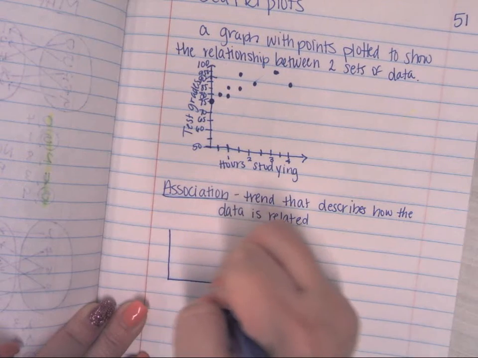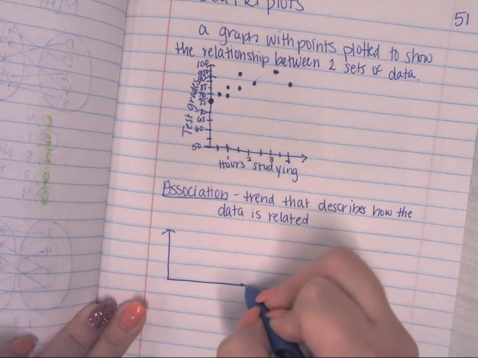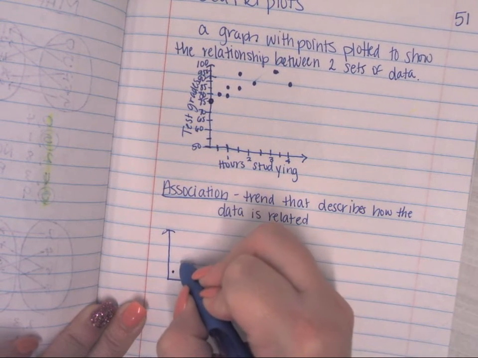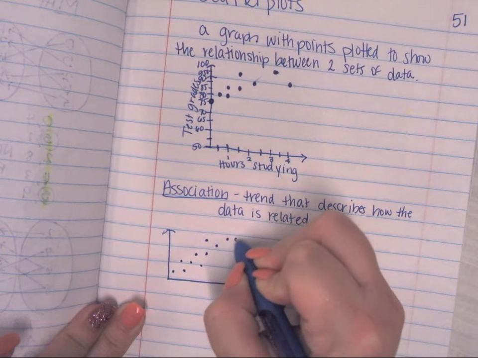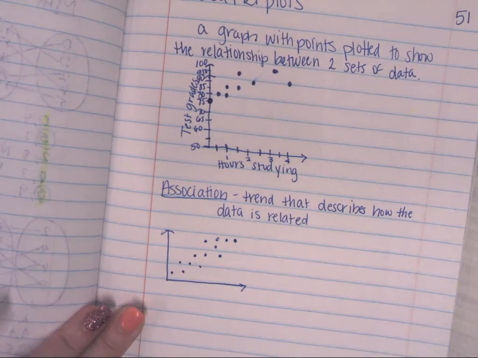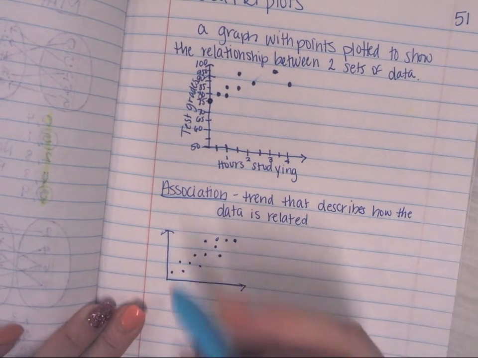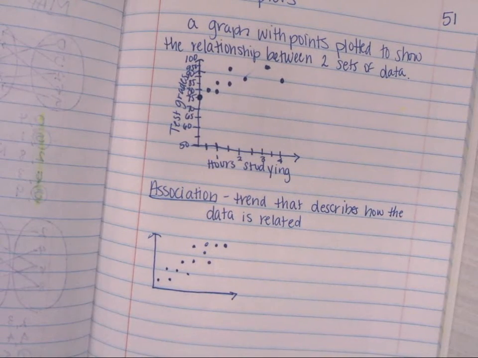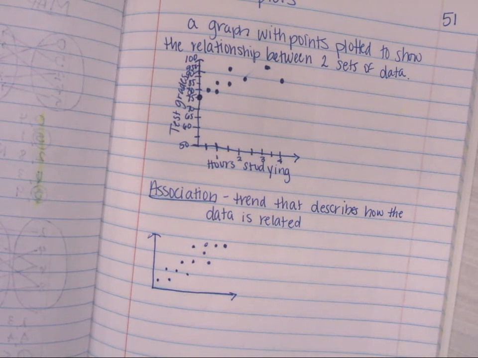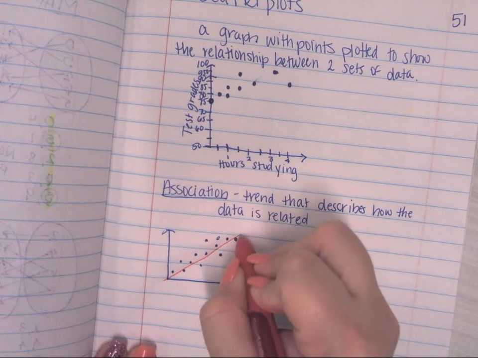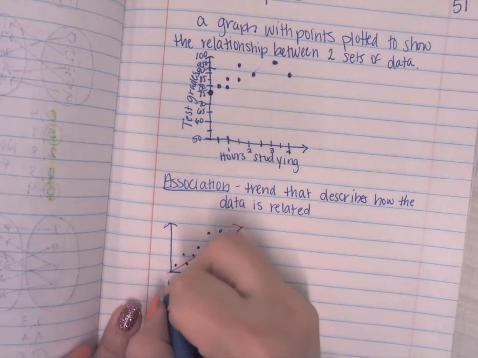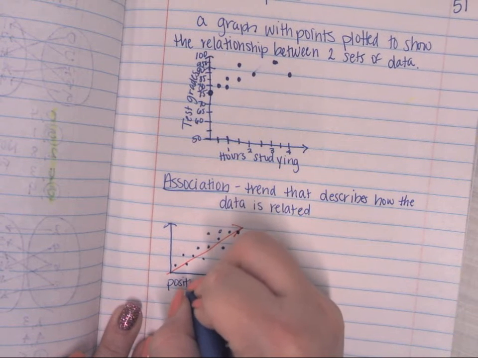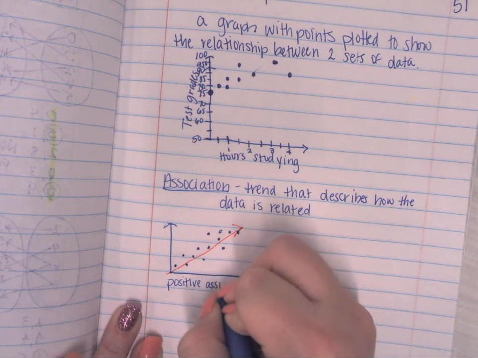So you have a positive association, kind of like what we just talked about there. Okay, I'm going to use this red line. You draw a trend line. Okay, a trend line is something that goes right basically in the middle of this data, or in the same direction. Okay, this is a positive association.